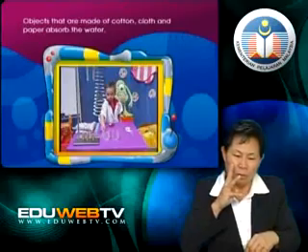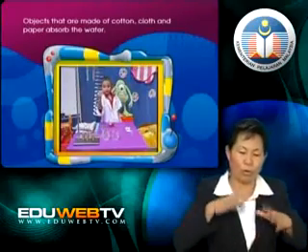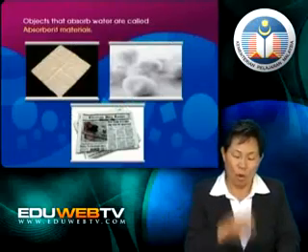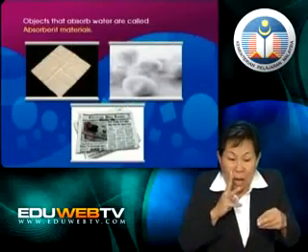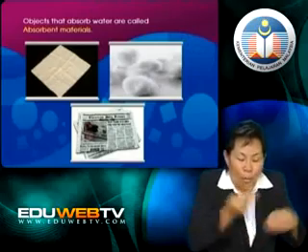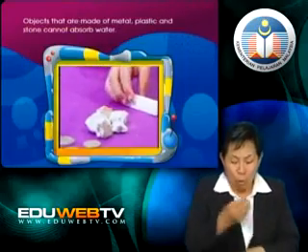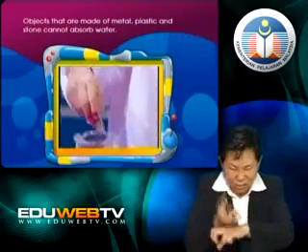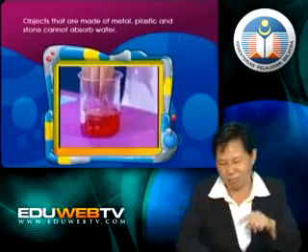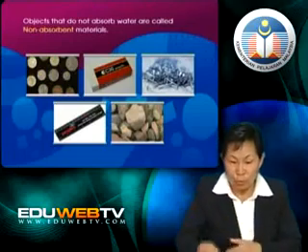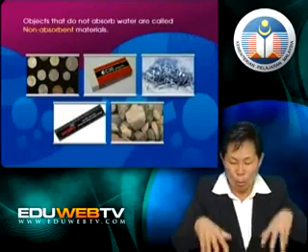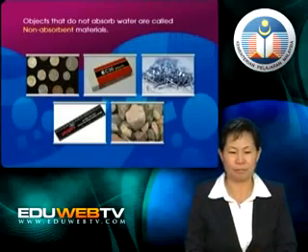Objects that are made of cotton, cloth and paper absorb the water. Objects that absorb water are called absorbent materials. Objects that are made of metal, plastic and stone cannot absorb water. Objects that do not absorb water are called non-absorbent materials.